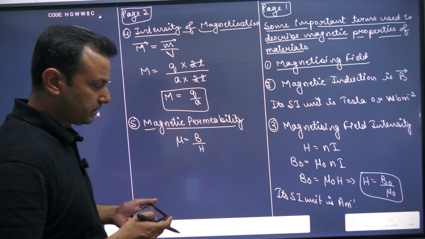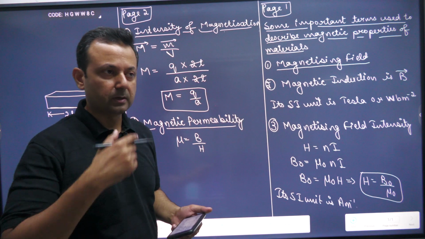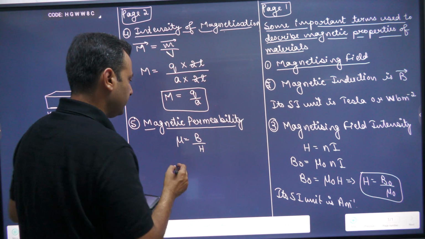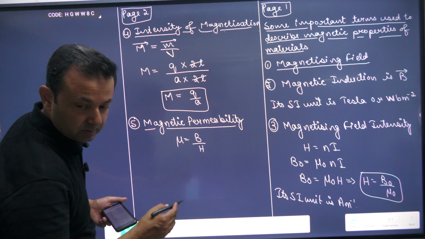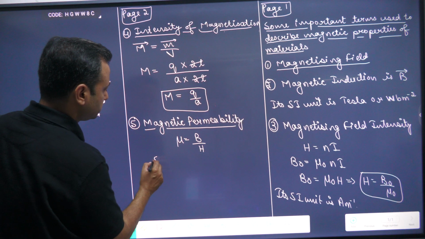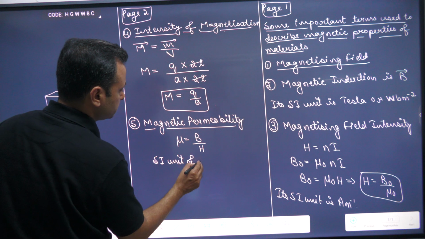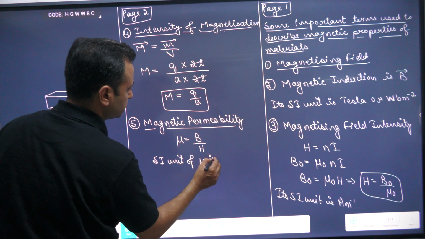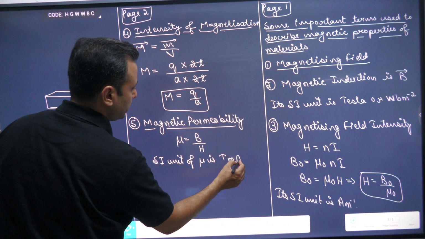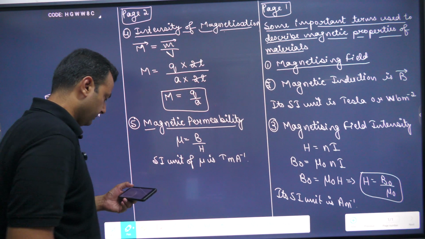The SI unit of mu is Tesla meter per ampere.